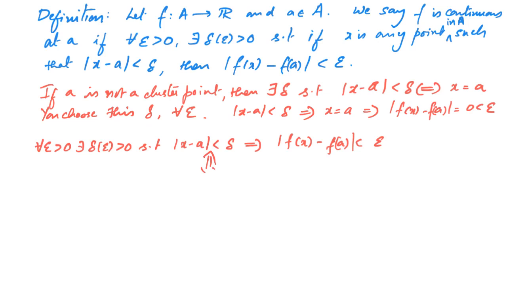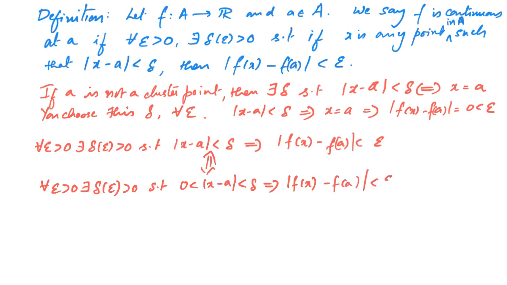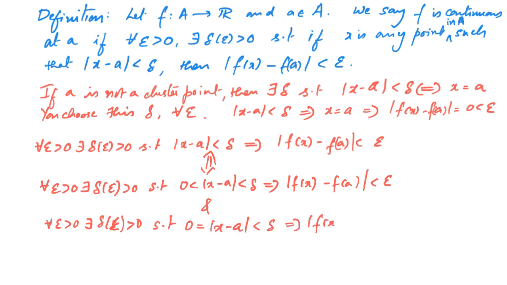This is equivalent to: for every epsilon greater than 0, there exists a delta that depends on epsilon, which is also greater than 0, such that 0 is less than mod of x minus a is less than delta implies that mod of f of x minus f of a is less than epsilon, and for every epsilon greater than 0, there exists a delta of epsilon greater than 0 such that 0 is equal to mod of x minus a is less than delta implies that mod of f of x minus f of a is less than epsilon.